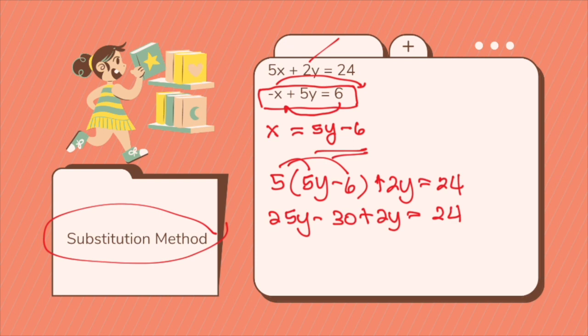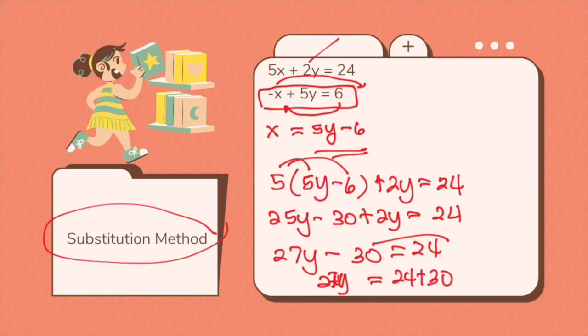Combine like terms, that's 27y minus 30 equals 24. Transfer 30 to the other side, you will have 27y equals 24 plus 30. Therefore, you will have 27y equals 54.